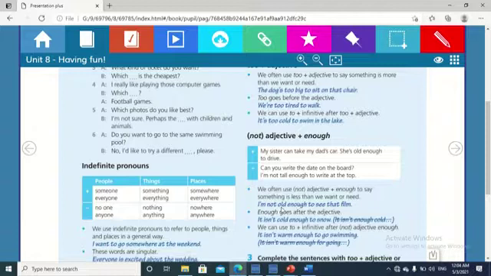It's not too old. If I say I'm too old, it means more than needed. But I'm not old enough, it means I'm less than I need. I'm not old enough to see that film. Enough goes after the adjective, so it's not like too. Too before the adjective, enough after the adjective.